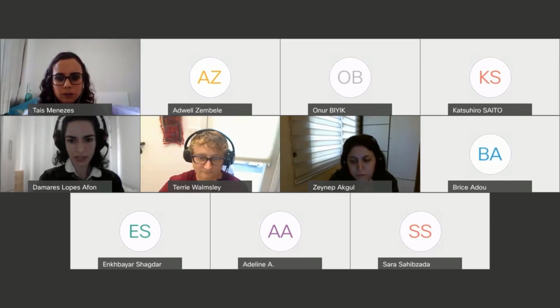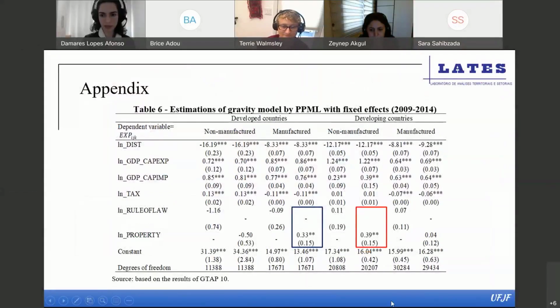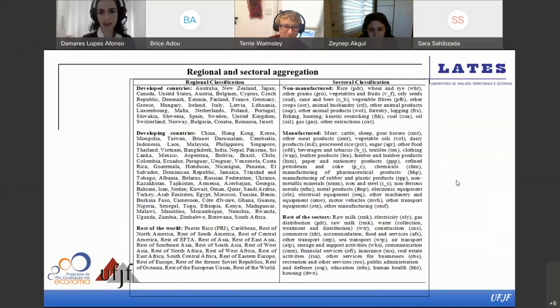I will share my screen again, so that you can see my regional and sector aggregation. Non-manufacturing sectors were basically the sectors that didn't have a level of persistence, I think.